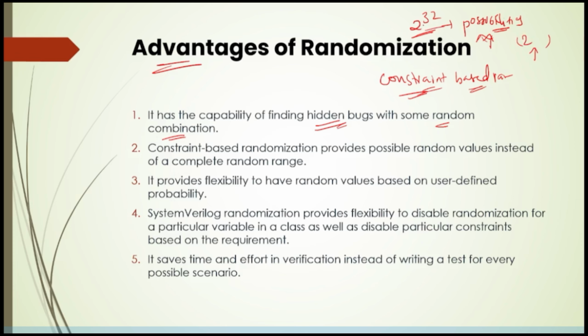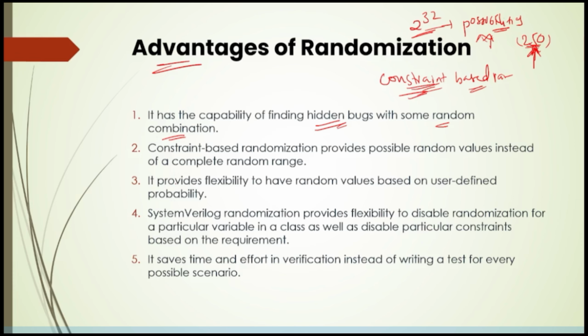For example, if among these 2 power 32-bit possibilities you want only some 250 possibilities to be checked, you can limit the randomization to only these 250 possibilities by using constraints. Okay, we'll be discussing these constraints also. Don't worry about that. Randomization and constraints go together, and this is very important. You won't see any interview without these two concepts.